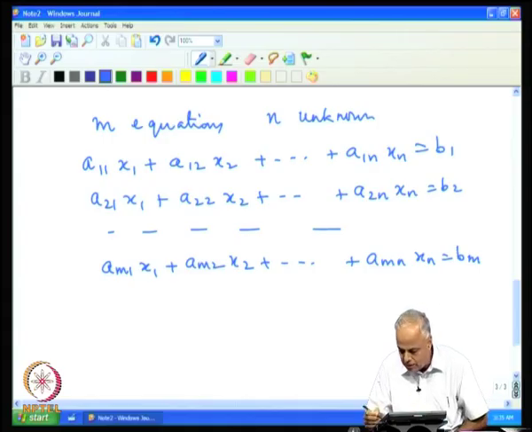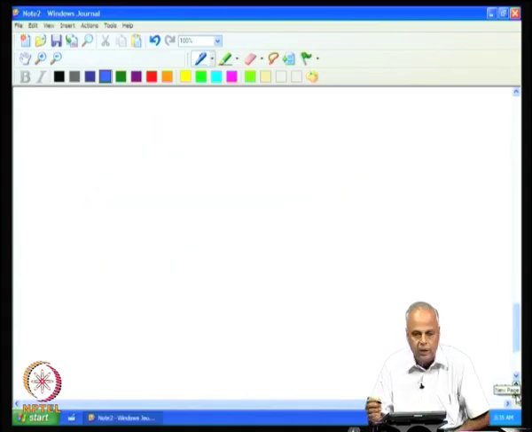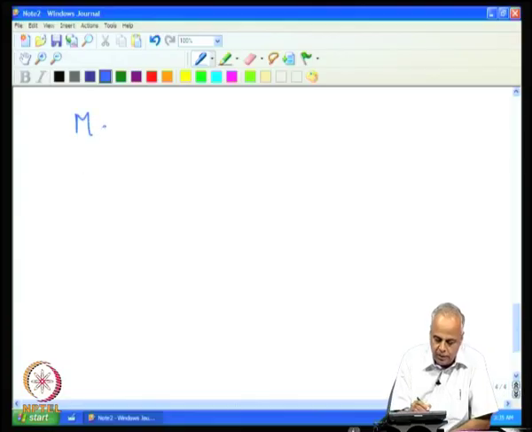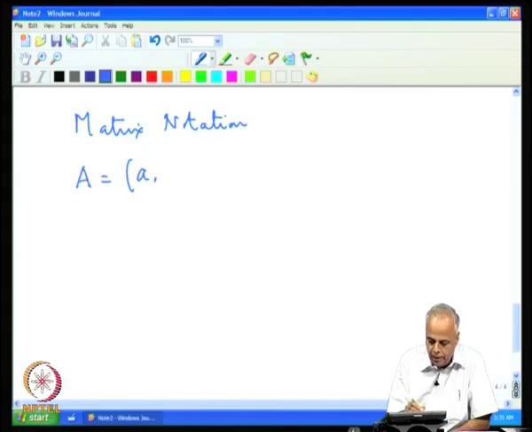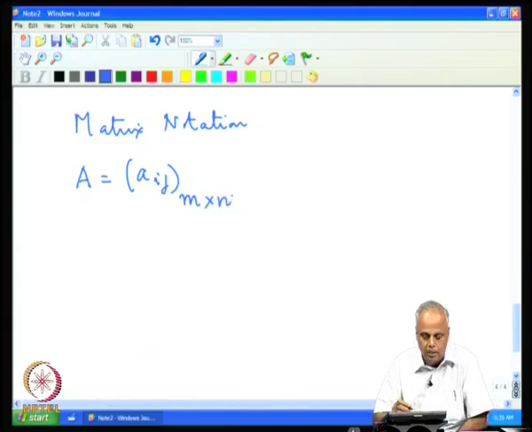A system of this type is written in a compact form in matrix notation as follows. We denote by A the matrix with m rows and n columns with the entries aij. So, aij is the coefficient coming from the ith equation corresponding to the jth unknown.